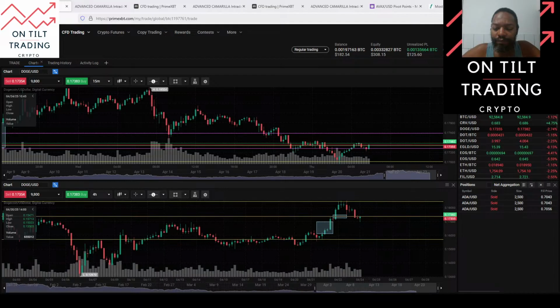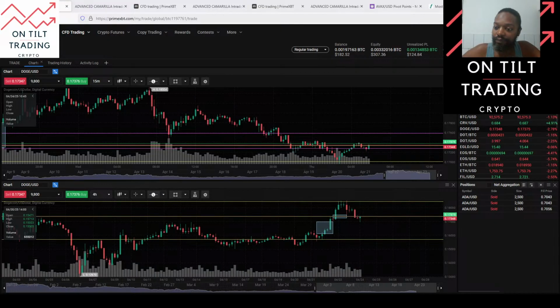And then we also have these fair value gaps, these FVGs that are here. Here's another FVG, another fair value gap right here. So these are things that I want to look for on a 4-hour chart: displacement and fair value gaps.